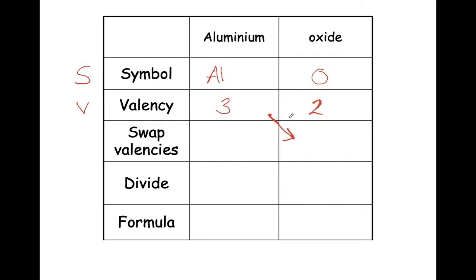We then swap the valencies round, bringing the 2 under here and the 3 over there. These numbers cannot be divided and made any smaller, so they remain 2 and 3. So our formula then will be Al2O3.